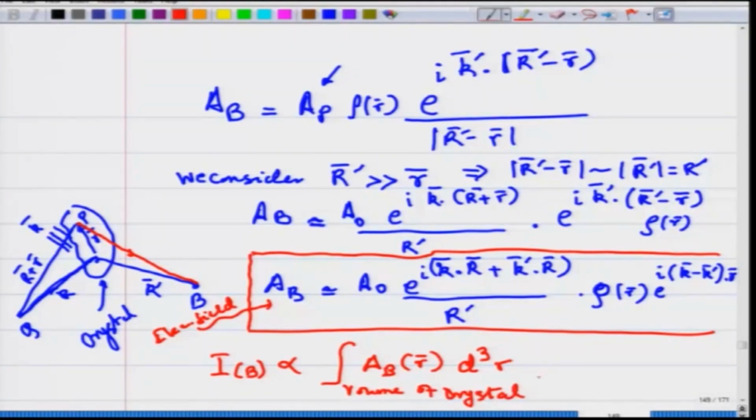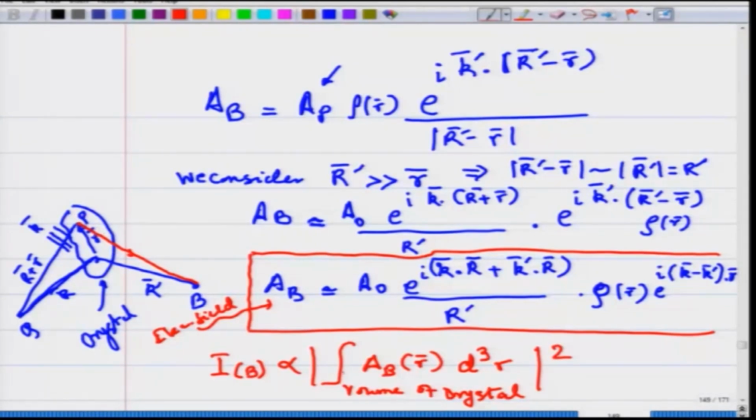I would like to find out what is the net amplitude which is coming at point B, because of all points which are present on the crystal, okay.